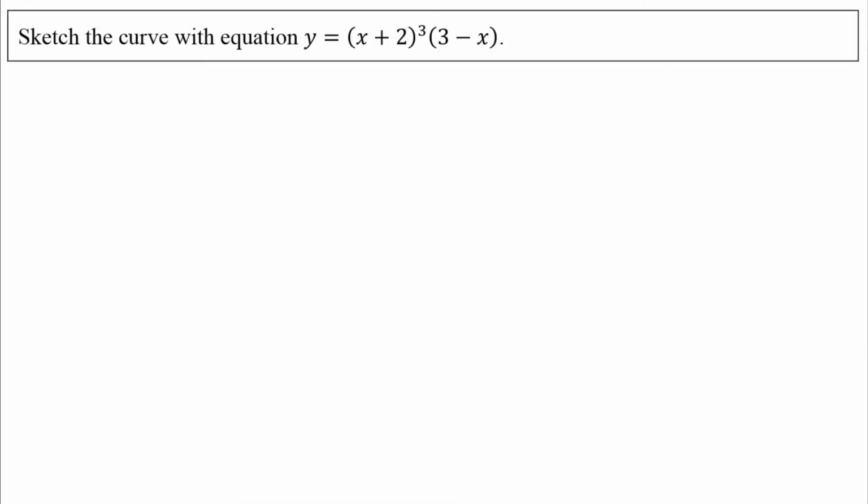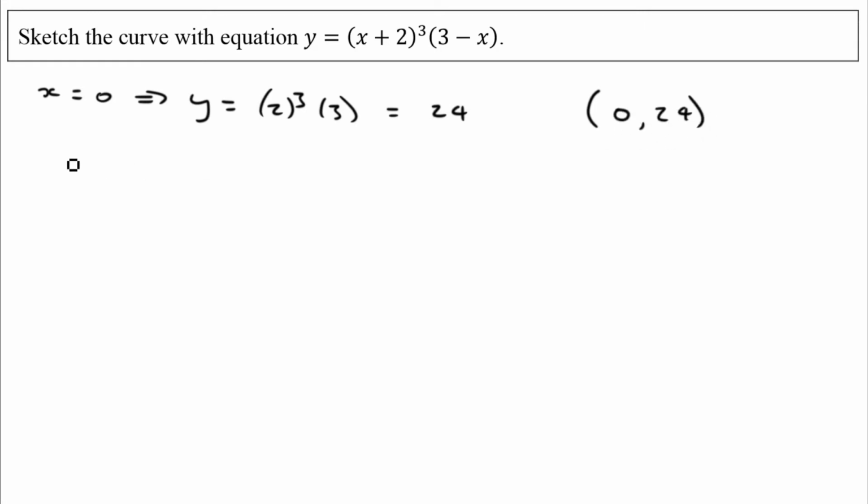In this example, our factorized form for this equation has one bracket to the power 3 and one linear bracket. Putting x equal to 0, we see that y would be 2 cubed times 3, which is 24, so we have an intersection point with the y-axis of (0, 24).